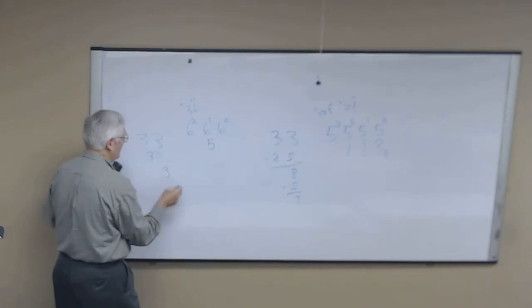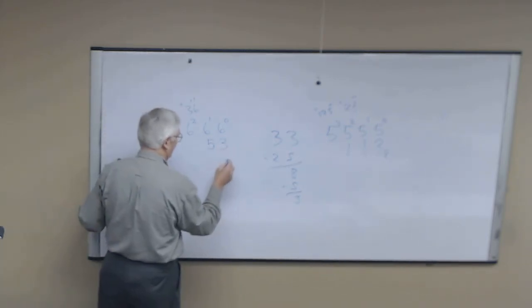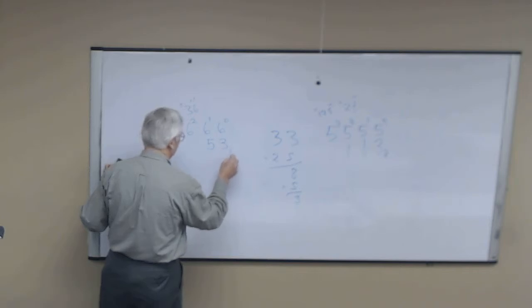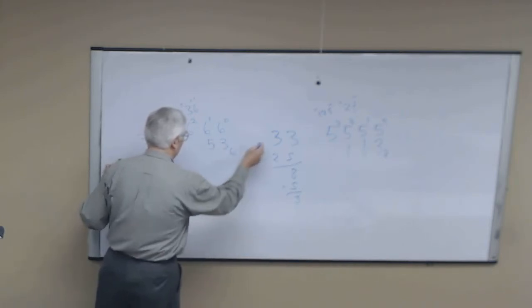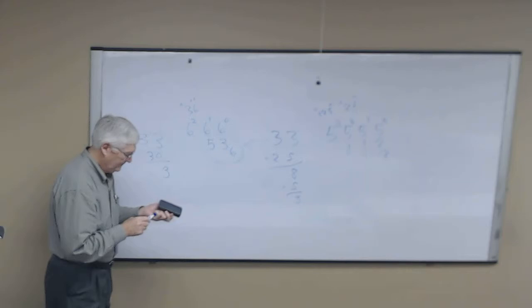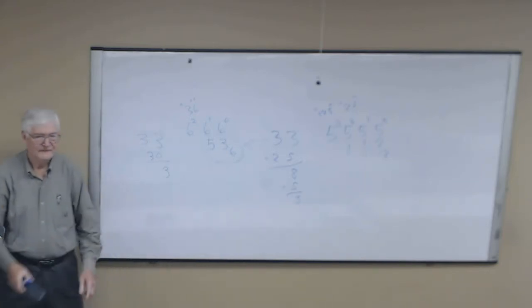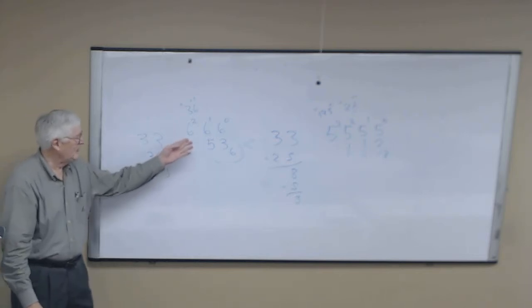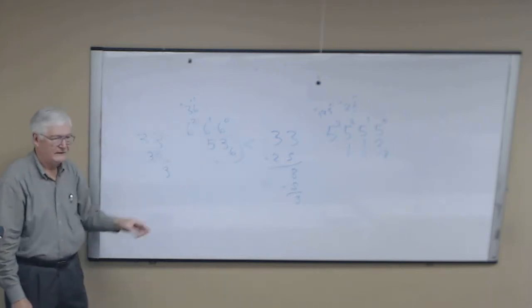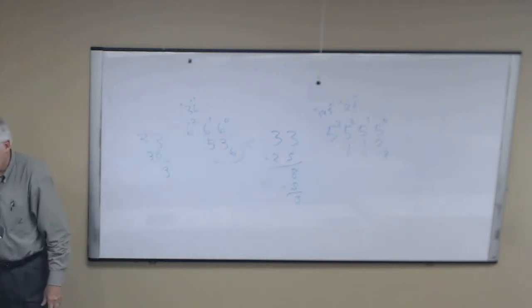That leaves me with 3 ones, so it's 53 in the base 6. Everybody follow that? Just put your place values up there, and whatever the base is, think about your place values, and you'll be okay.